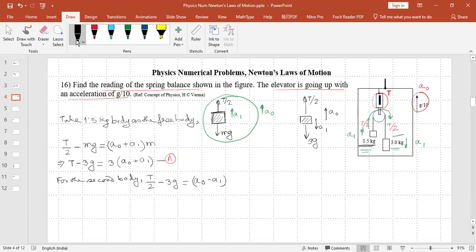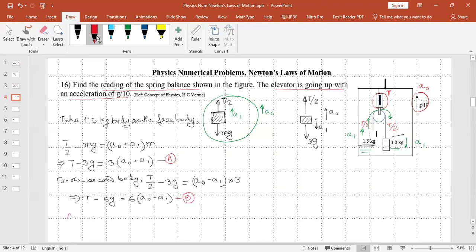Again, if we multiply by 2 on both sides, it becomes T minus 6g is equal to 6 into A0 minus A1, because it is ma. Let us call this equation B.